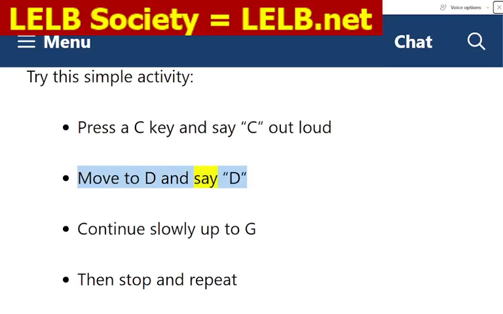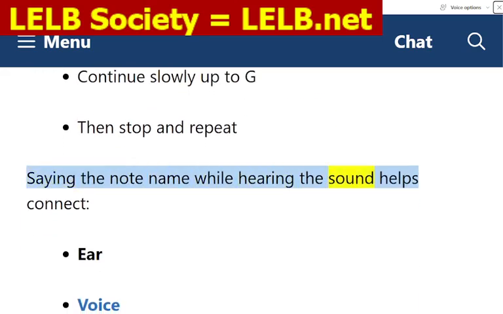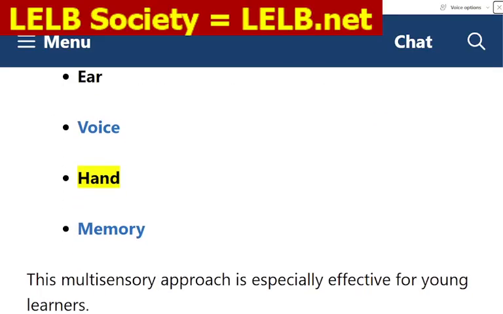Move to D and say, D. Continue slowly up to G. Then stop and repeat. Saying the note name while hearing the sound helps connect ear, voice, hand, and memory. This multisensory approach is especially effective for young learners.